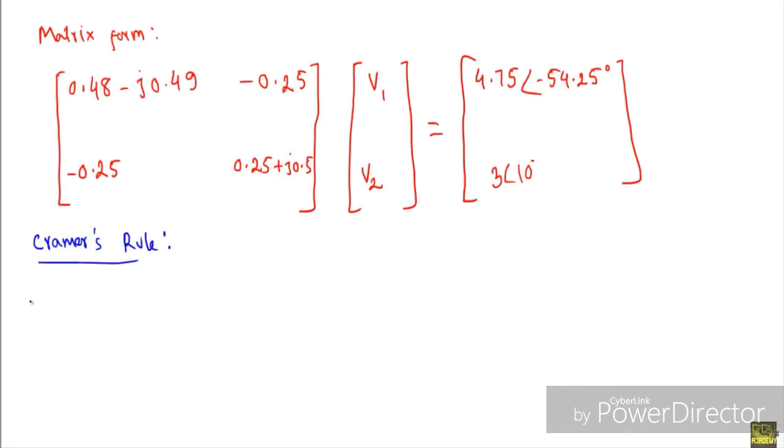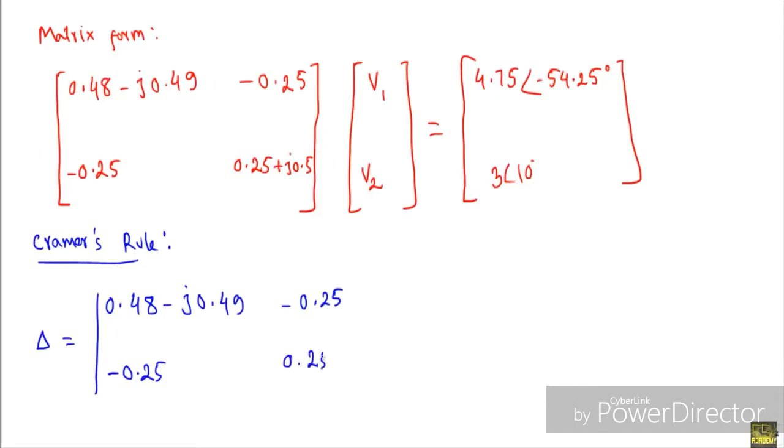If I use Cramer's rule here, I will get the determinant of the coefficient matrix, which will be equal to the matrix with 0.48 minus j0.49, minus 0.25, minus 0.25, and 0.25 plus j0.5.